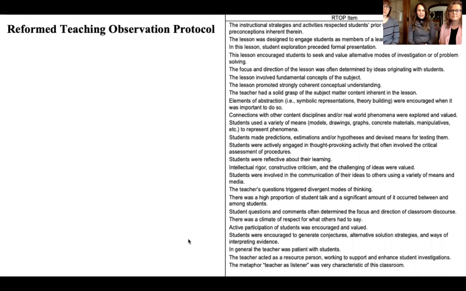And then if you're observing in classrooms, this is something that might work really, really well. This is the Reforming Teaching Observational Protocol. It's linked inside the slide. If you click on the title, it'll take you there, and it's also in the notes section.